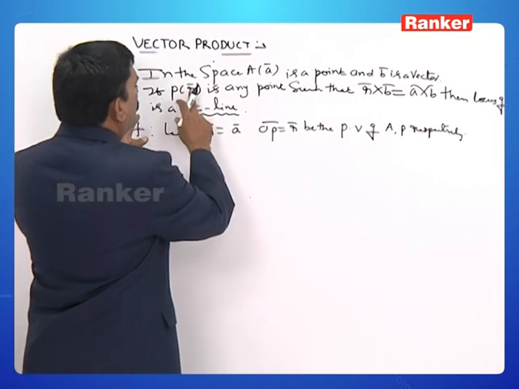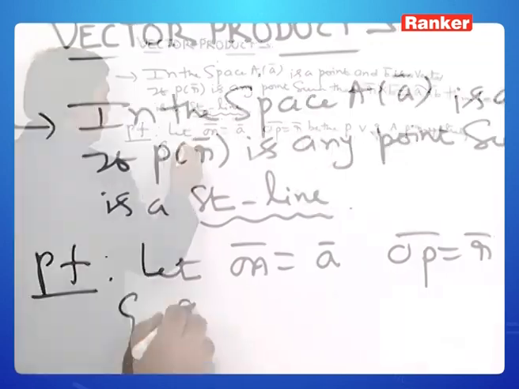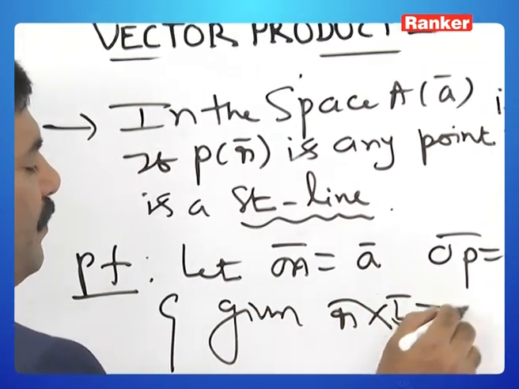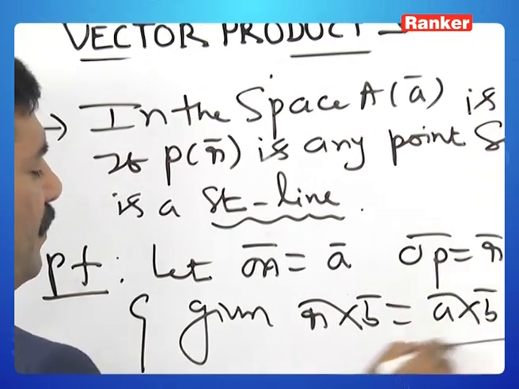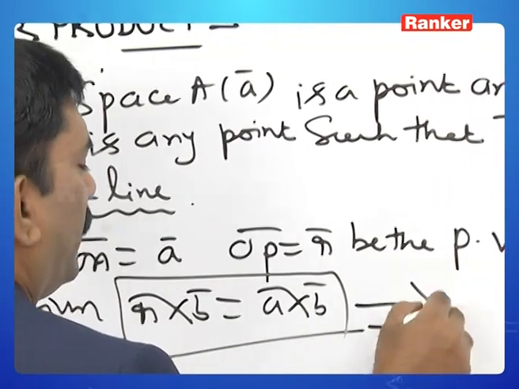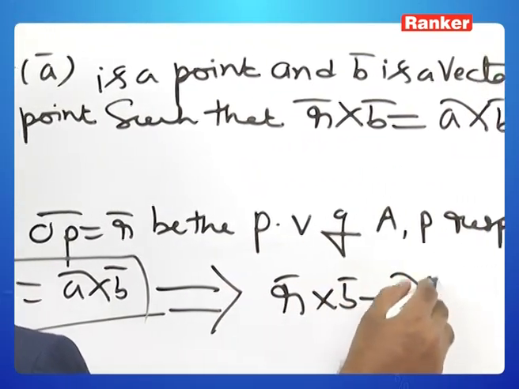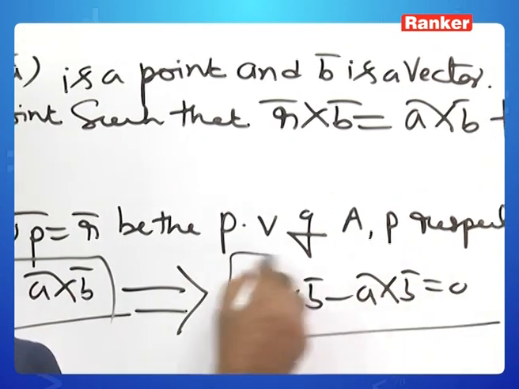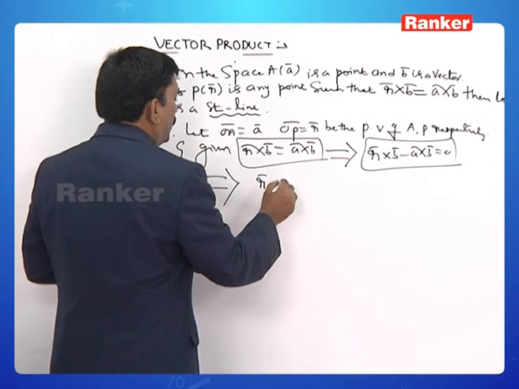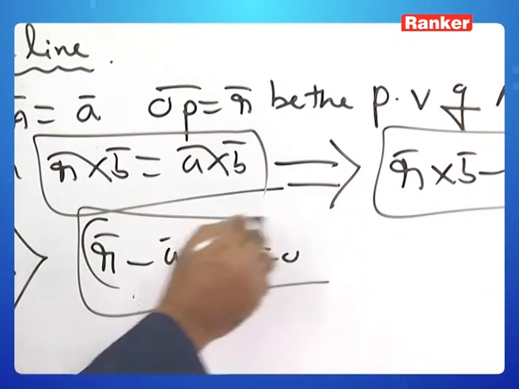So P of R bar is any point such that, and given R bar cross B bar is equal to A bar cross B bar. So I can write R bar cross B bar minus A bar cross B bar is equal to 0, which implies R bar minus A bar cross B bar is equal to 0.